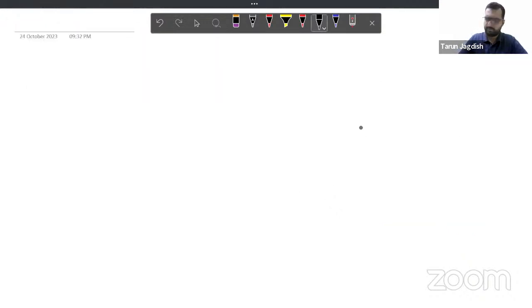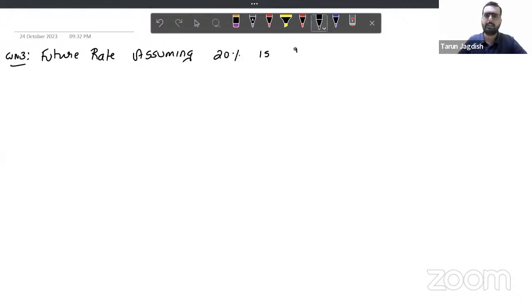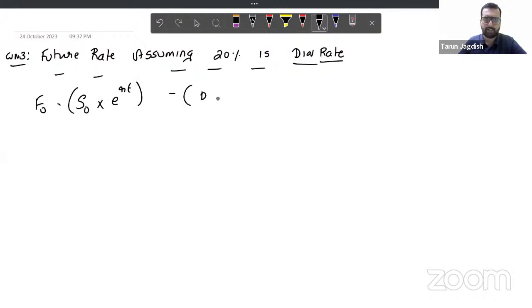Now the next one, I'll write down working note number 3. Future rate assuming 20% is dividend rate. Then the formula would be F0 is equal to S0 into e raised to RT minus D into e raised to RT.